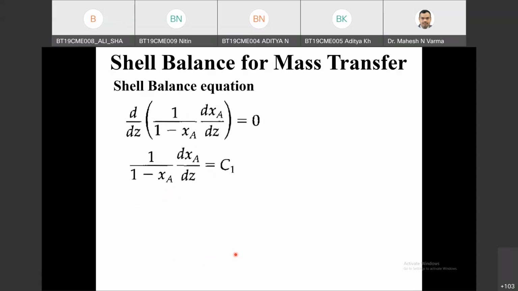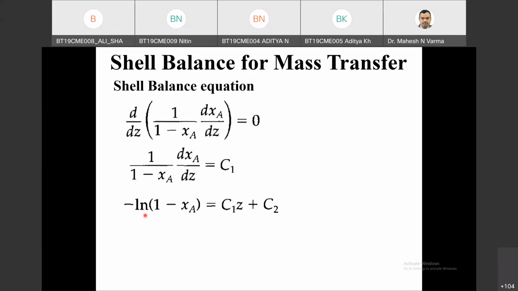First integration, and then the second integration will be minus ln(1 minus xA) equals c1 z plus c2. Certainly c1 and c2 can be estimated by using the two boundary conditions, but as we have a logarithmic term, we can use appropriate values of c1 and c2 so that it will simplify the equation mathematically.